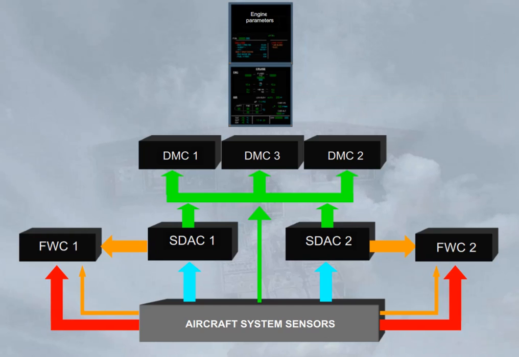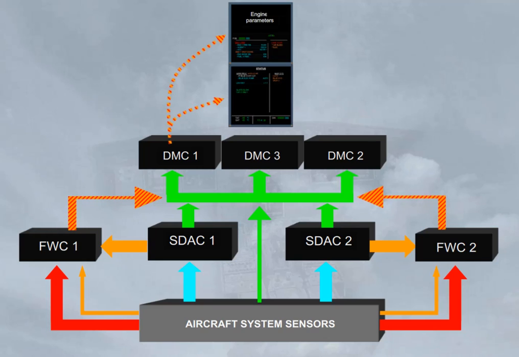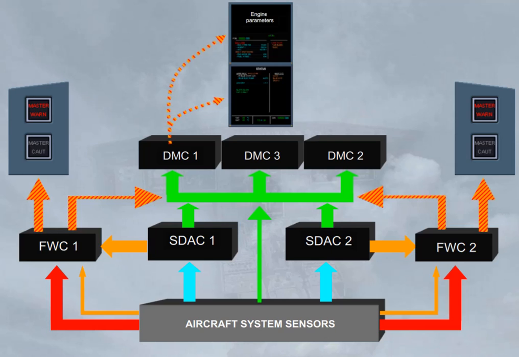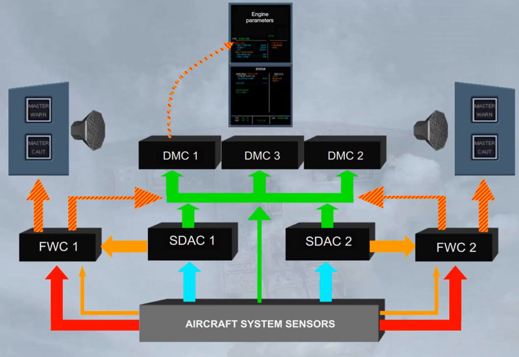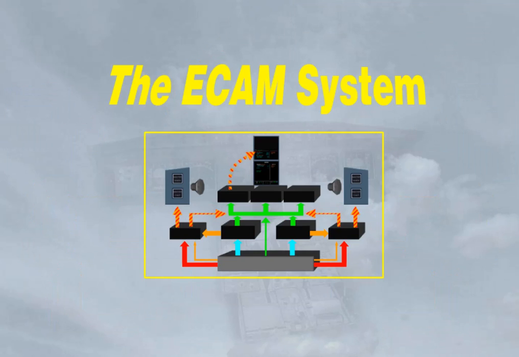The FWCs then supply the DMCs for the display of alert messages, the attention getters, the loudspeakers for oral alerts, and synthetic voice messages. Increase climb. All the components shown can be collectively called the ECAM system. We will study the use of the ECAM system in a separate module.